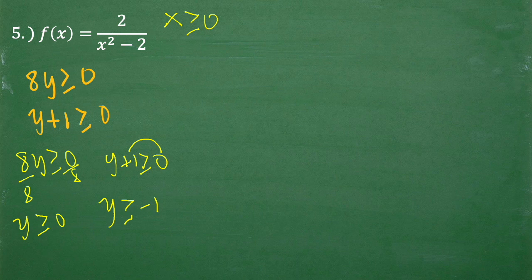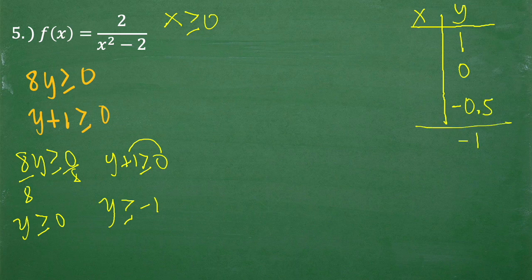Now, let's have a test value from where we can find the range of the solution by testing these ranges. Let's start from 1, 0, negative 0.5, and then negative 1. And from our number line, we will see where we can get our solution.